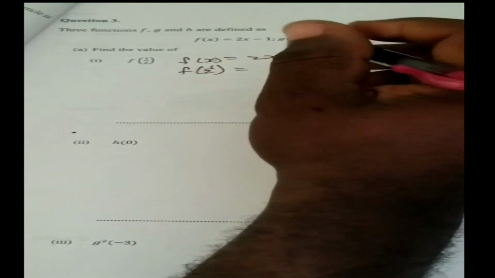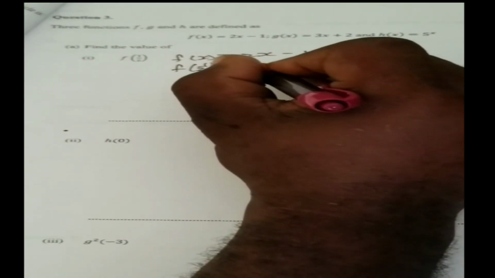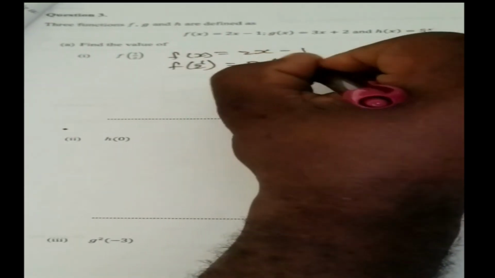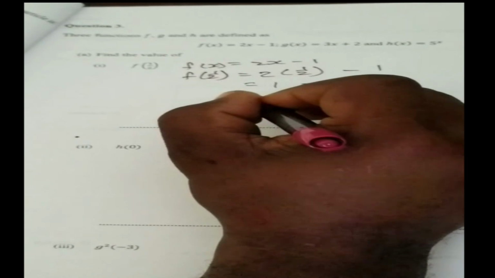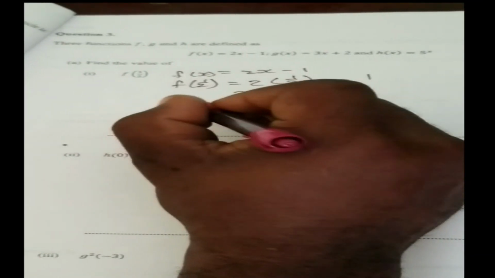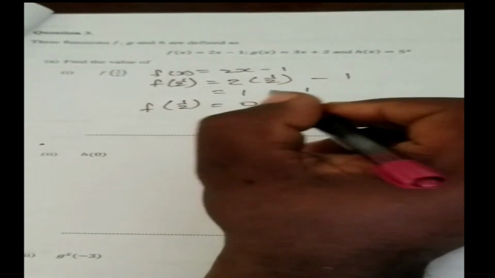So what we're saying is that f of x is equal to 2x minus 1. We're going to find f of a half. Alright, so we're going to substitute our x to be equal to a half. So we're saying 2 times a half minus 1. 2 times a half will be equal to 1 minus 1. And 1 minus 1 is equal to 0. So f of a half is equal to 0.